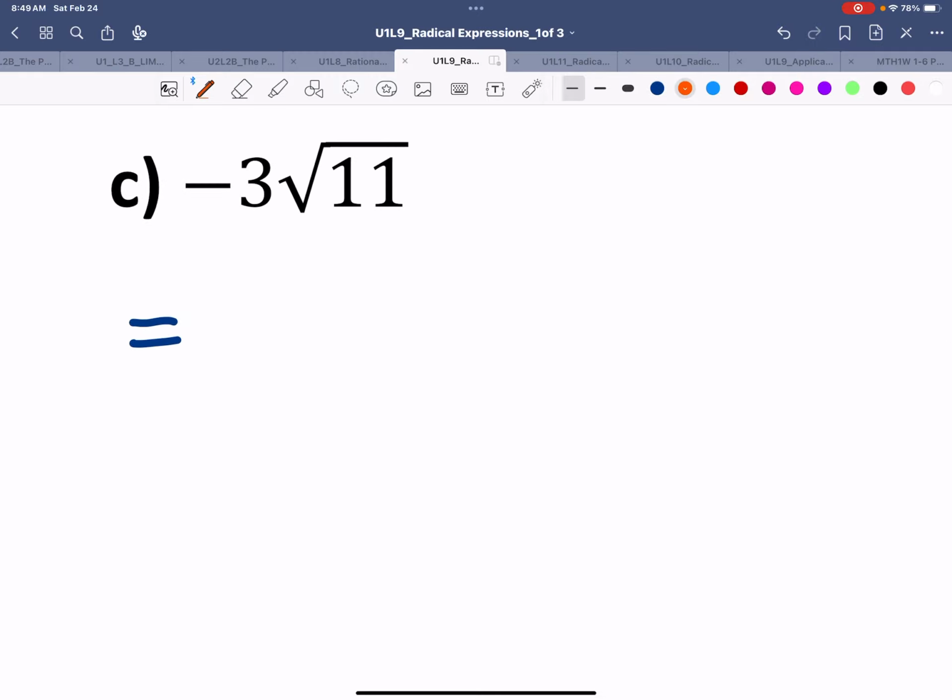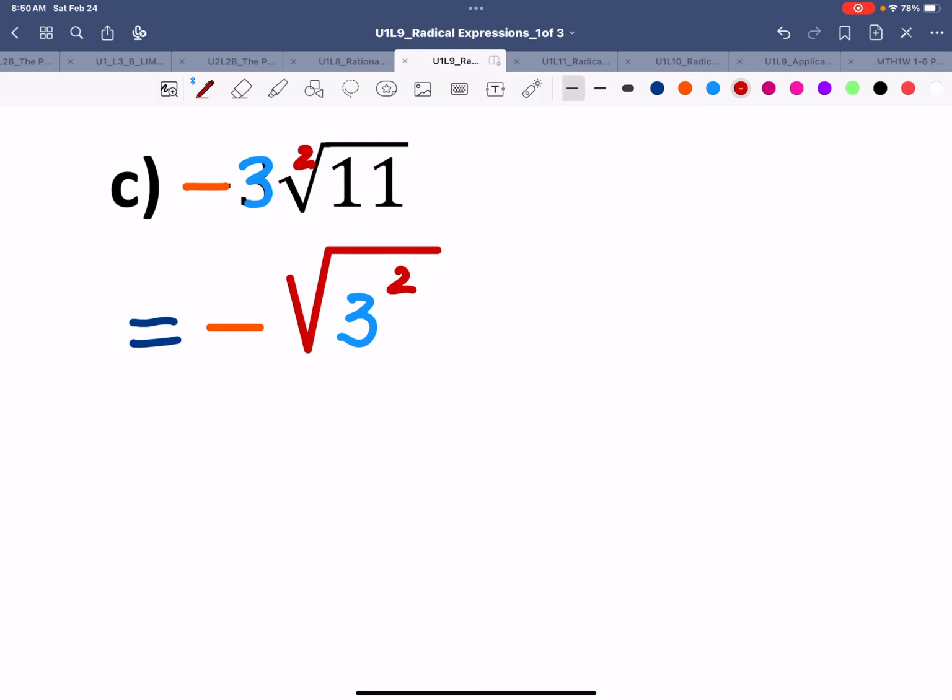Now let's take a look at this interesting question. This time we have a minus in front of the radical, which means that the non-radical term is negative. Now remember that once this is brought inside, we cannot bring it out as a negative, which means that this negative sign will stay out. The number 3, and only the number 3, will be brought to the power of the index, which is 2. And we'll quickly again undo the damage.